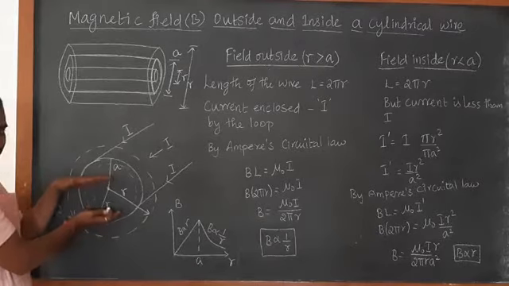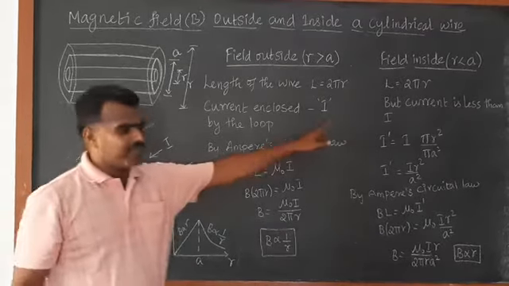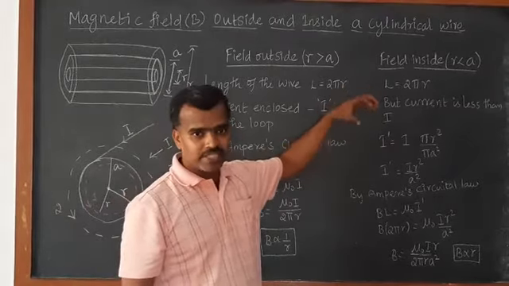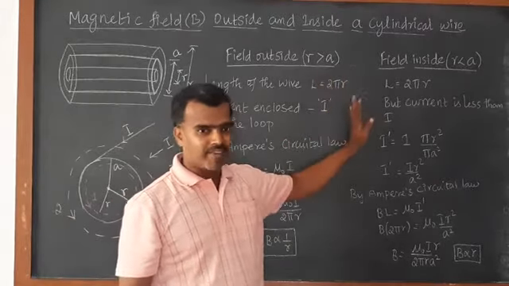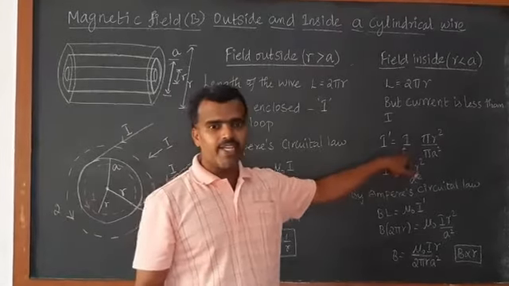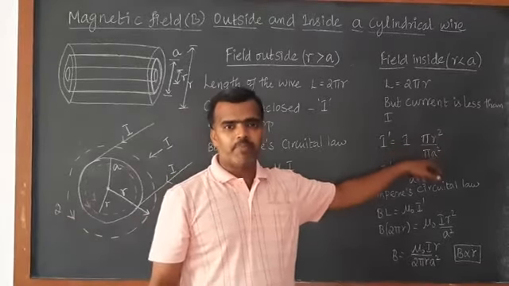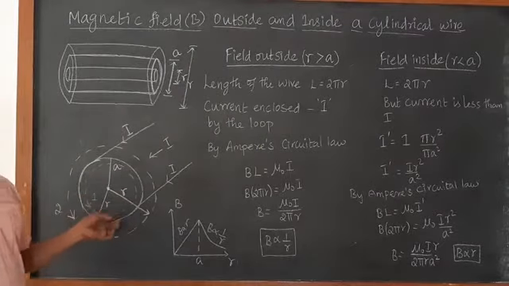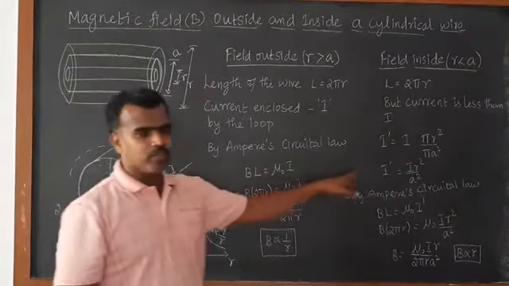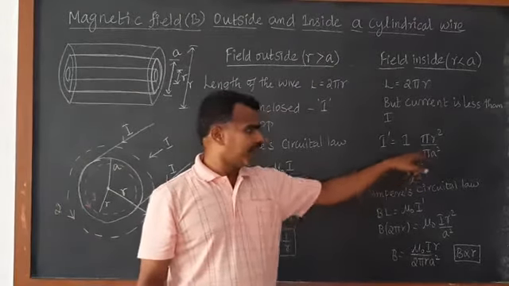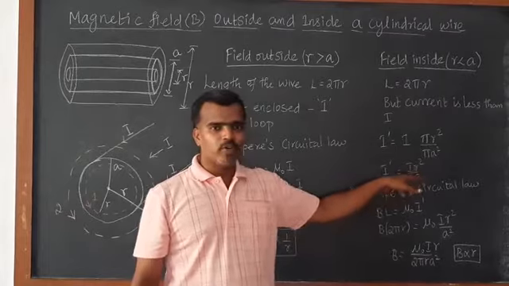Because it is inside the wire. So the loop inside will have a value less than I. That's why I write I dash. I dash is equal to I into pi r square divided by pi a square. Pi r square is the area of the first loop, divided by pi a square, the area of the wire's cross section. If you cancel pi, I dash is equal to I into r square divided by a square.